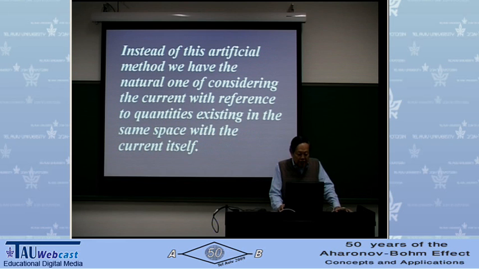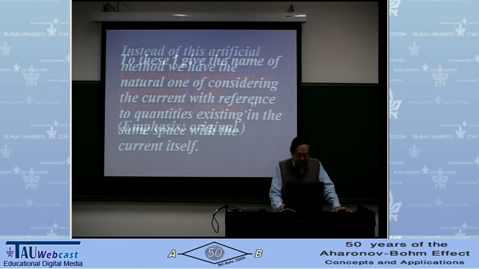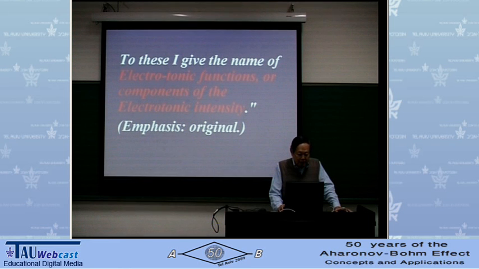Instead of this artificial method, we have the natural one of considering the current with reference to quantities existing in the same space with the current itself. To these, I give the name of electrotonic functions or components of the electrotonic intensity."